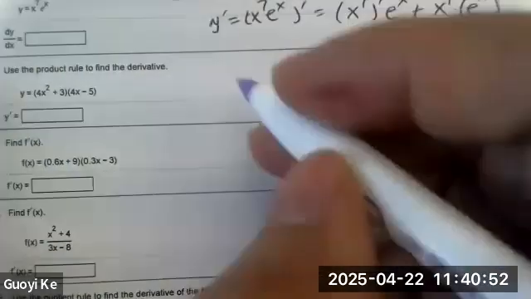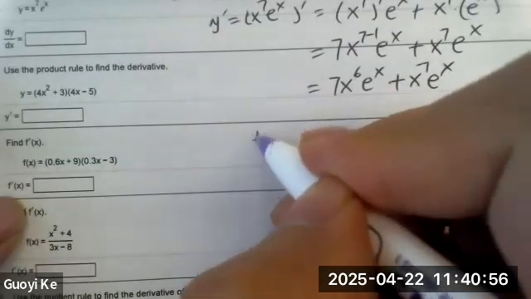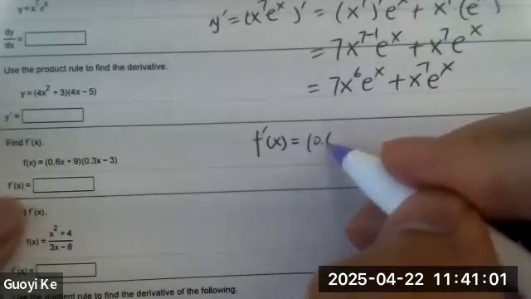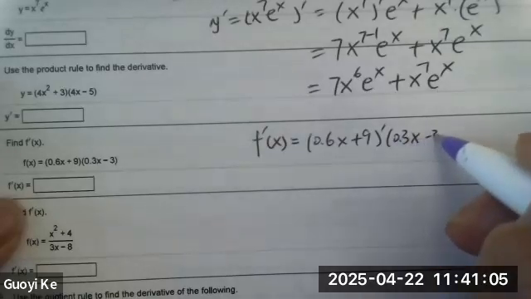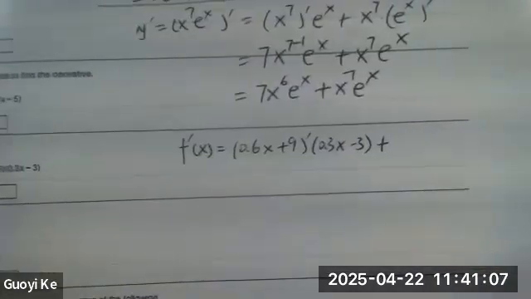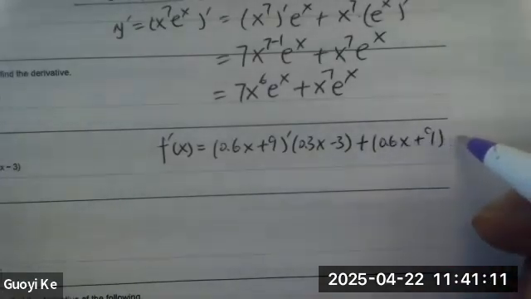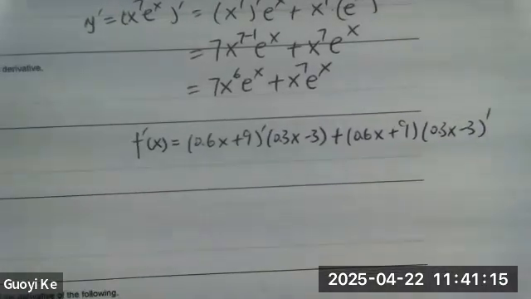Now, let's try problem 17. Problem 17 is still about the product rule. We're going to do it: first function times the derivative of second function.